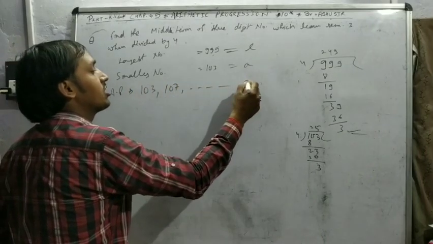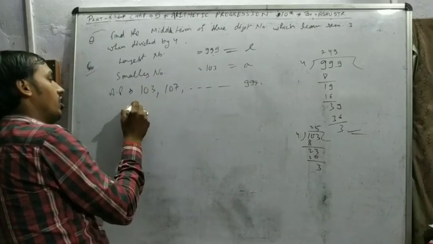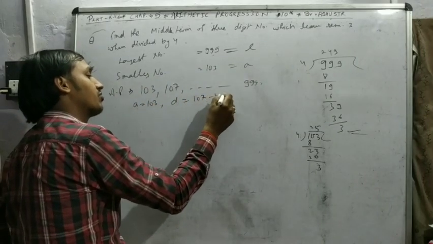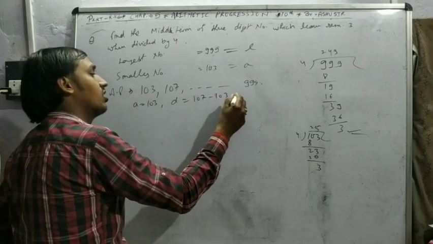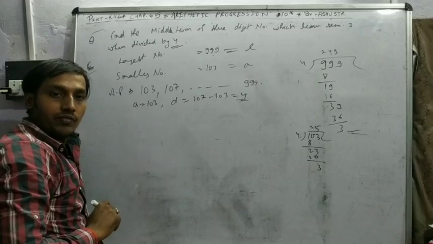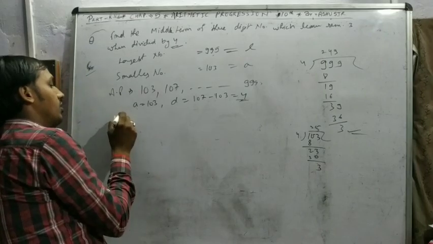The AP is 103, 107, dash, 999. A is 103, D is 107 minus 103, because of division by 4, the common difference is always 4.